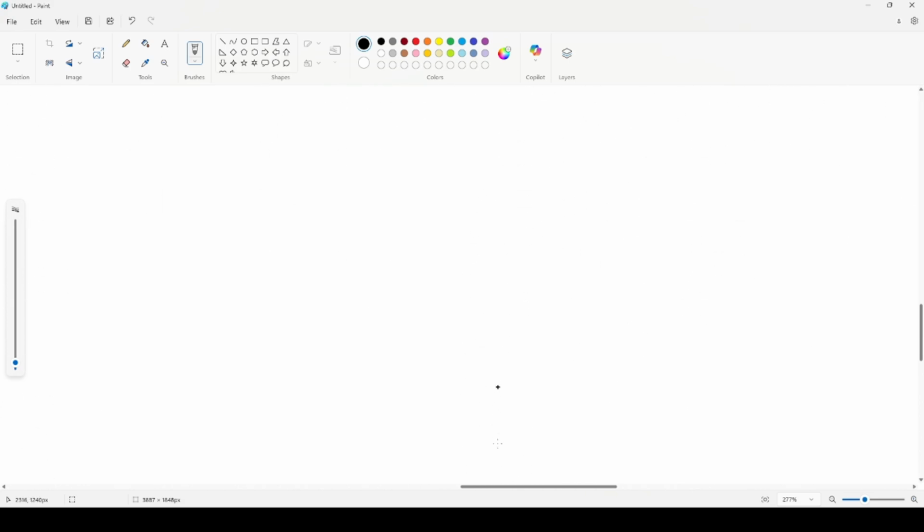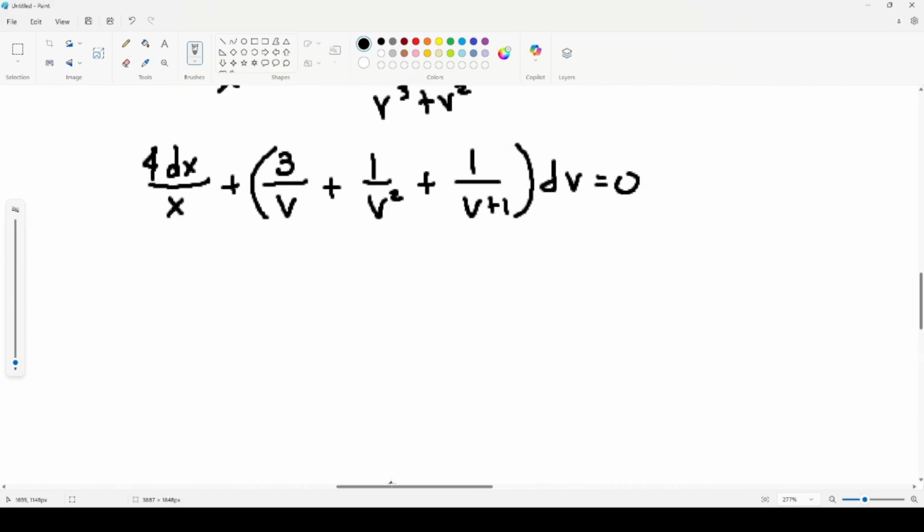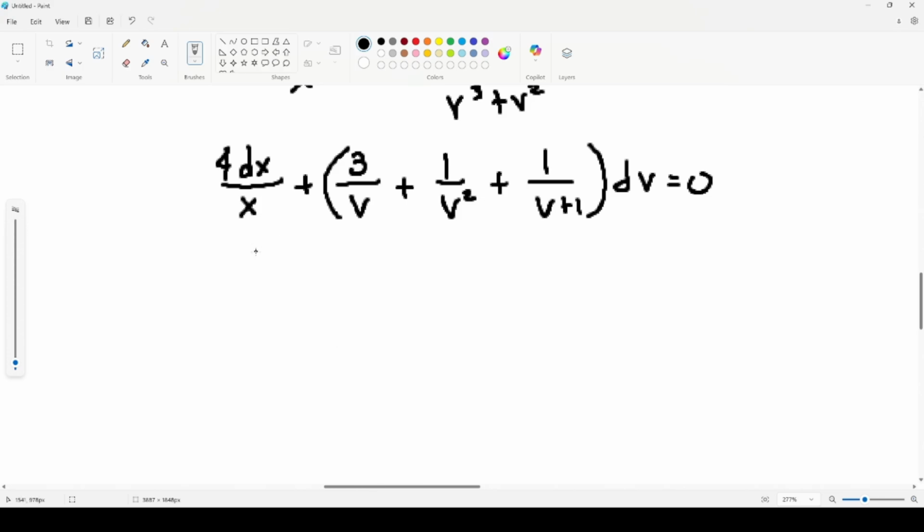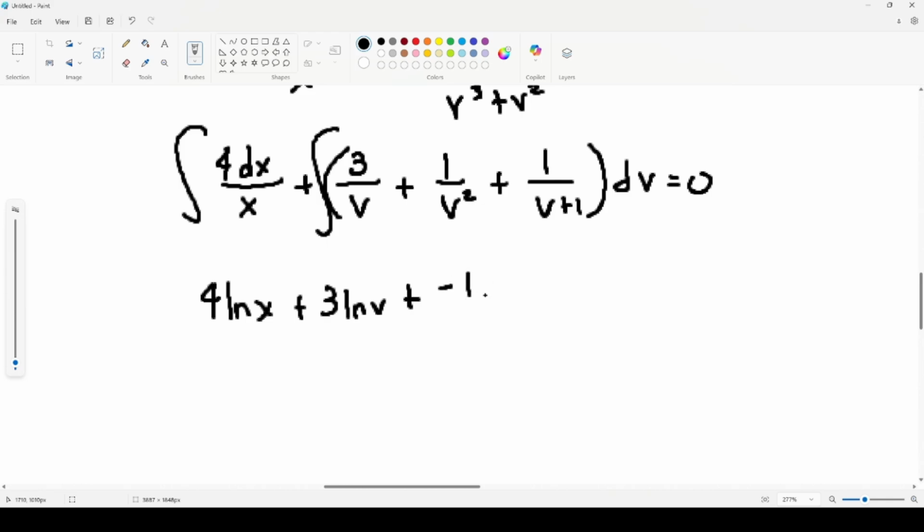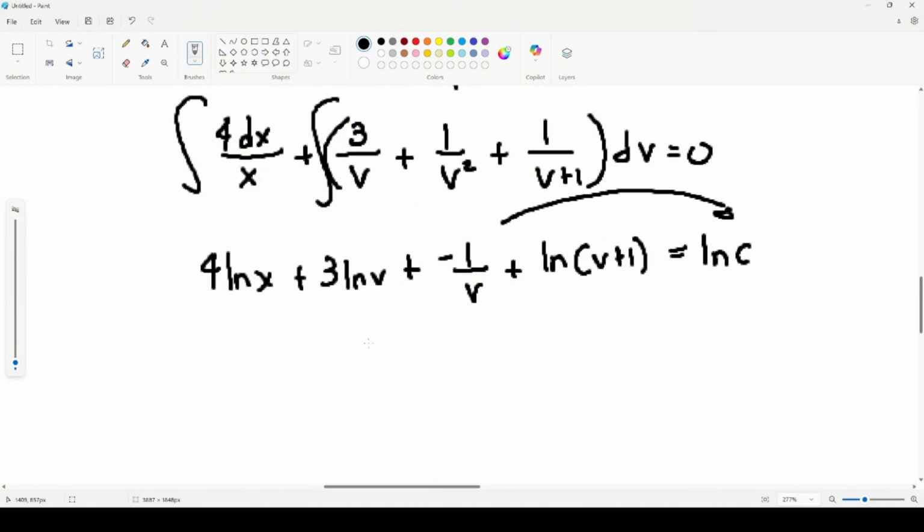Now, integrate our equations. So that becomes 4 ln x plus 3 ln v plus negative 1 over v plus ln of v plus 1 is equal to ln C. I'm going to move the 1 over v to the right, then ln C to the left.